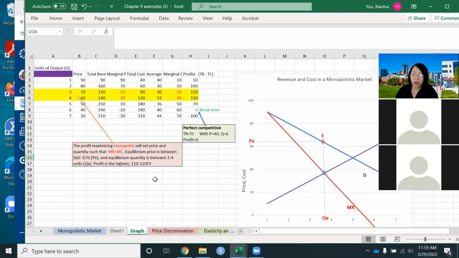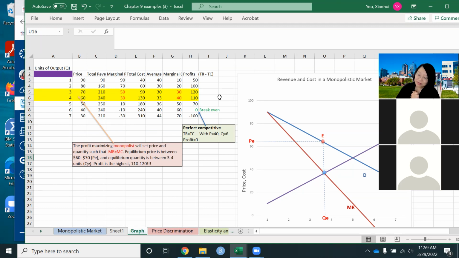At what point will be the perfect competition? I already talked about it. So this is for the monopolistic market, right? Your profit maximizing point is around this area. But for the firms in the perfect competitive market, what's their profit maximizing production?